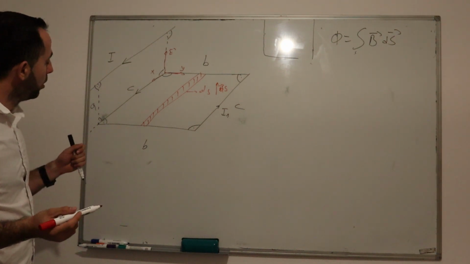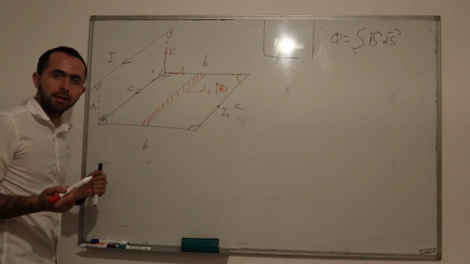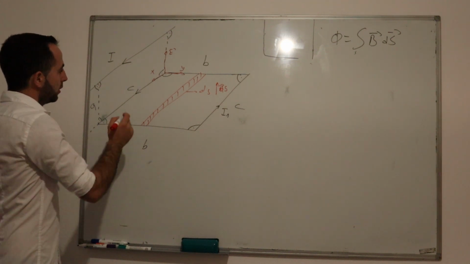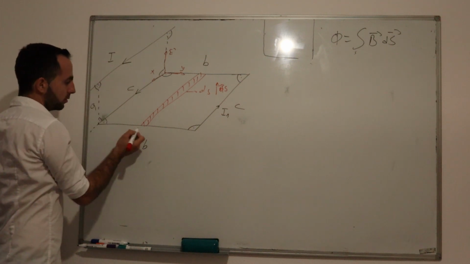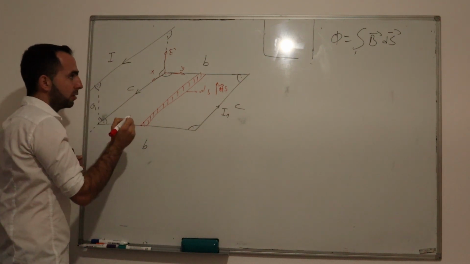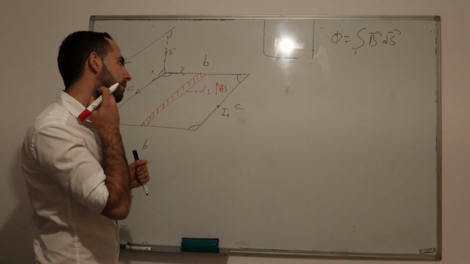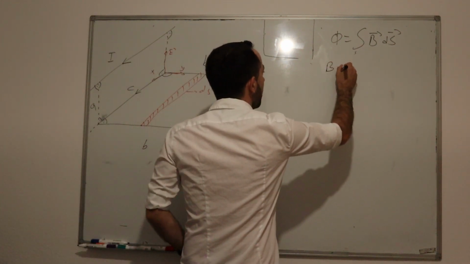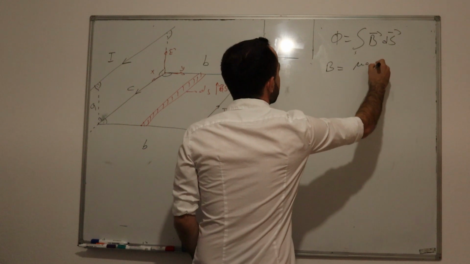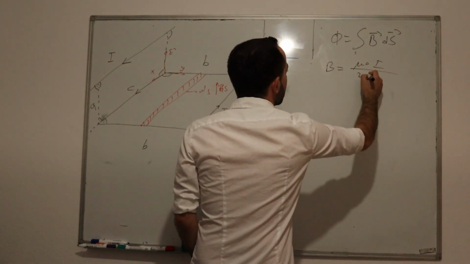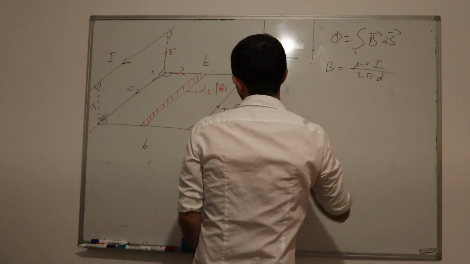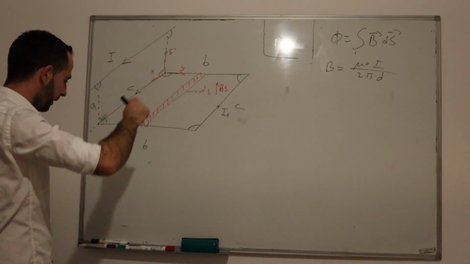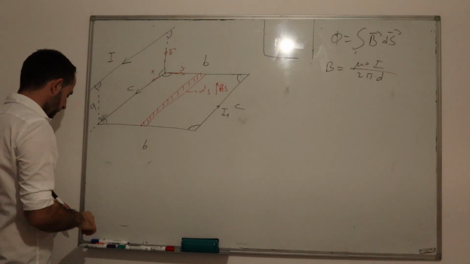But now we need to calculate our magnetic flux density. We know that the magnetic flux density for an infinitely long conductor is μ0 times I over 2 pi times d, where d is the distance from the conductor which creates the magnetic field.